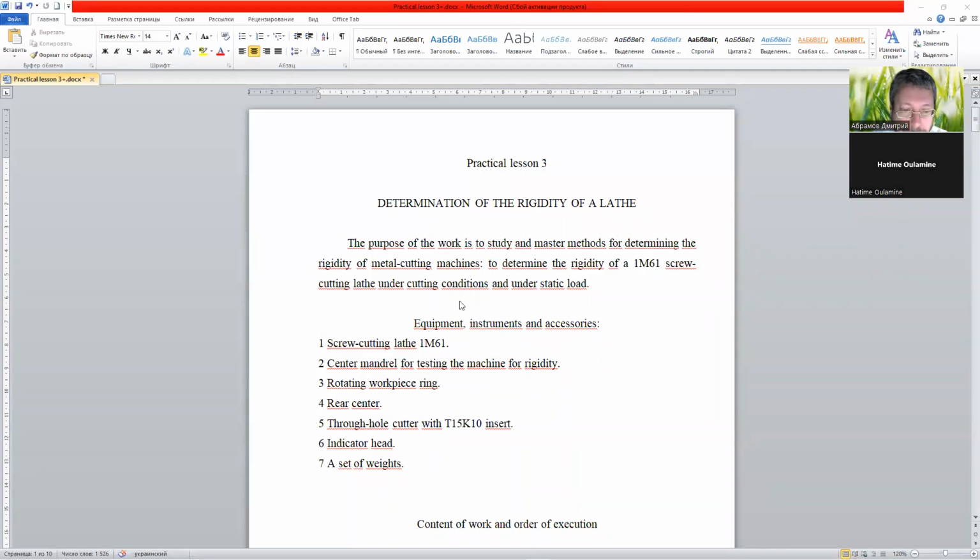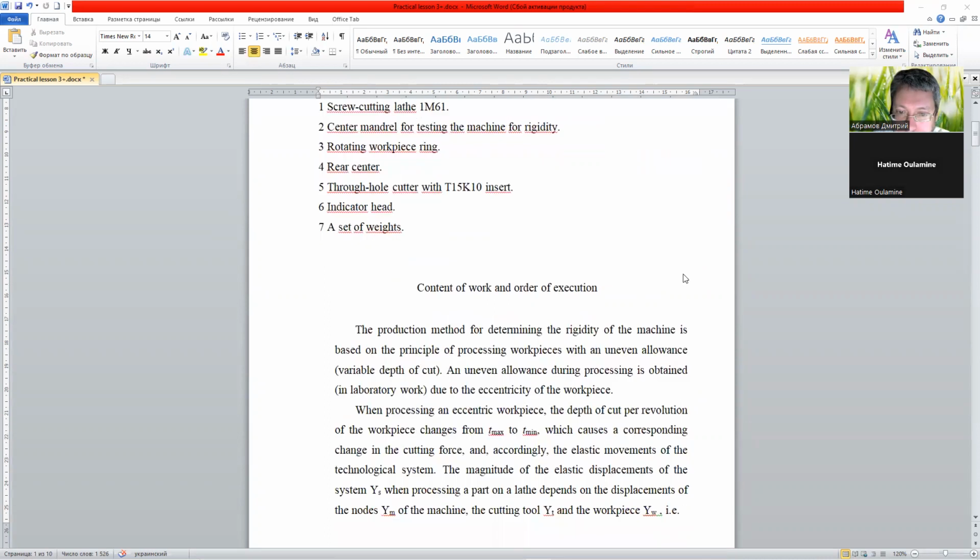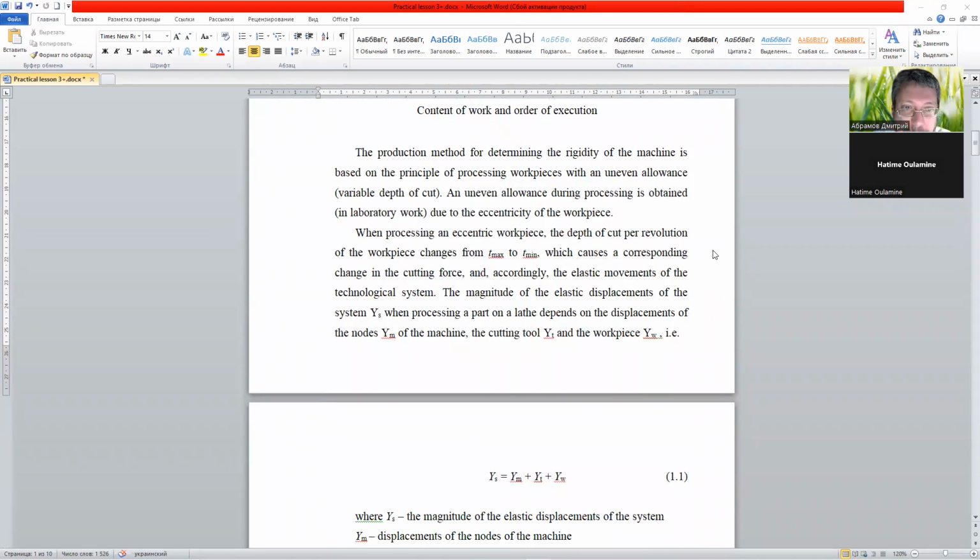Okay, we continue. Content of work and order of execution. The production method for determining the rigidity of the machine is based on the principle of processing workpieces with an uneven allowance, a variable depth of cut.